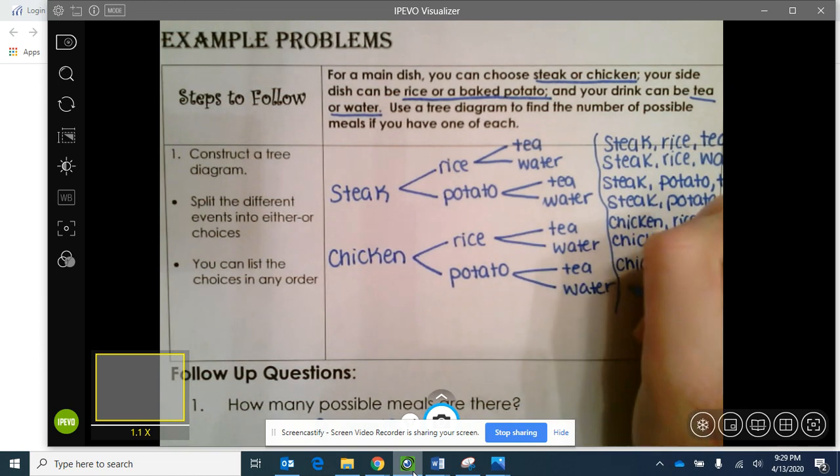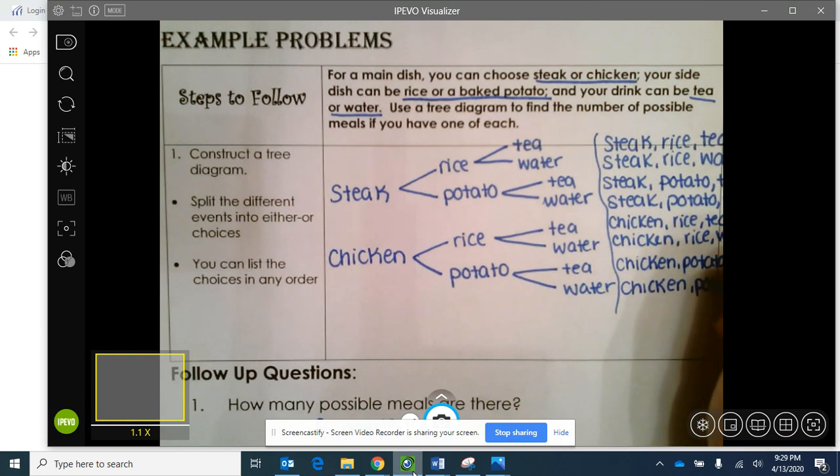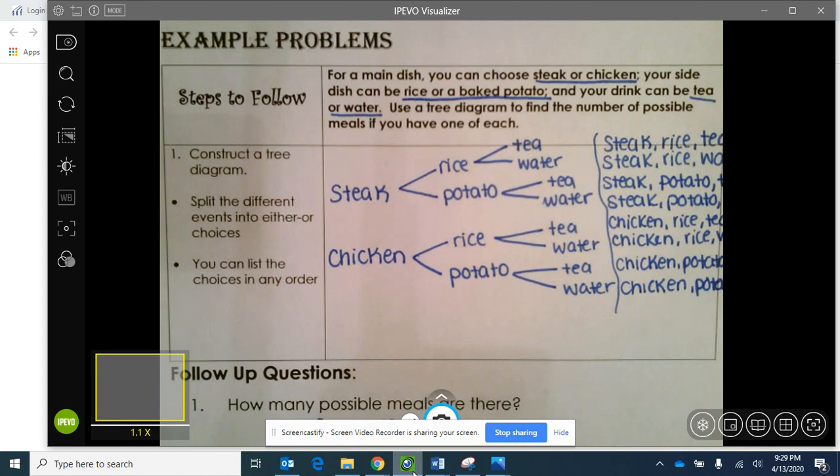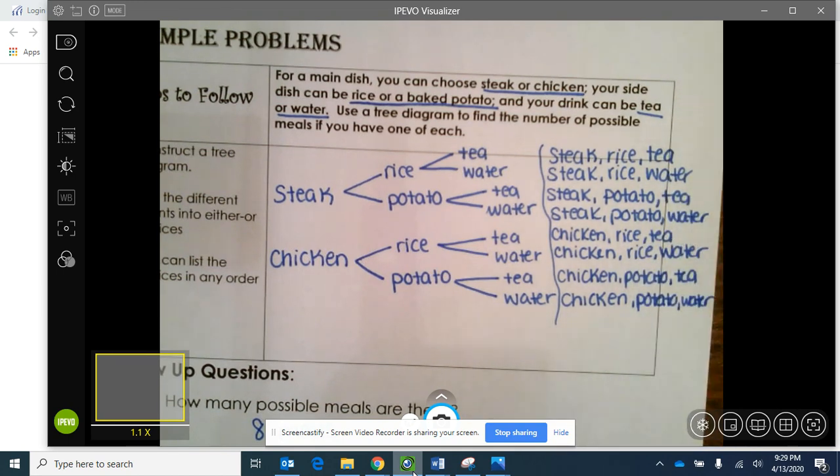And then last, I could have chicken, potato, or water. Okay, so if you look here, these are all the possible meal options that I would have. And if you count them up once again, you have 1, 2, 3, 4, 5, 6, 7, 8 possible meals.